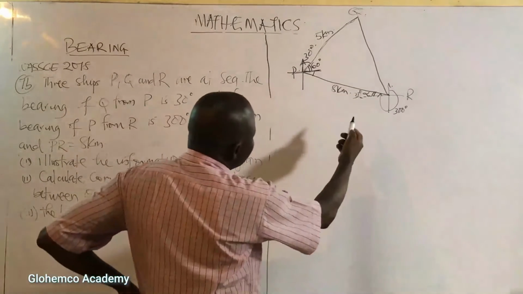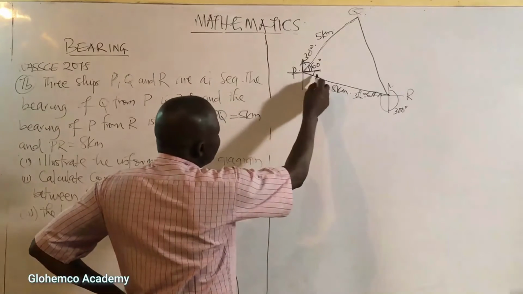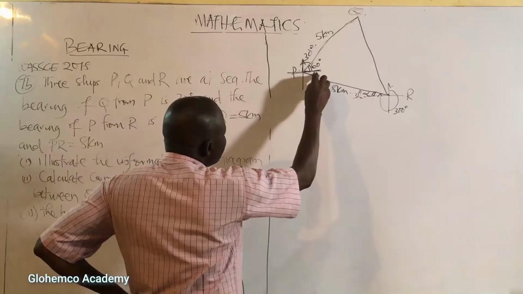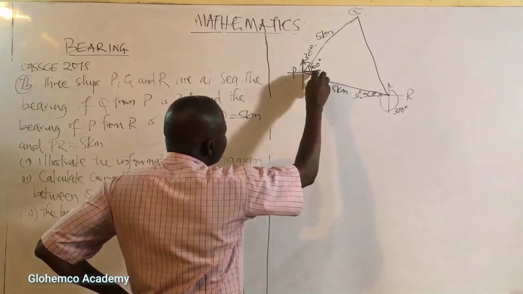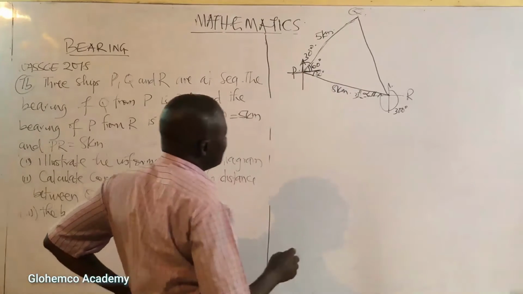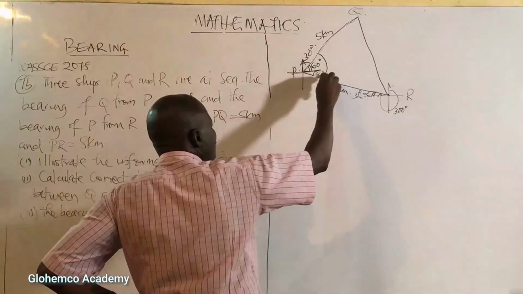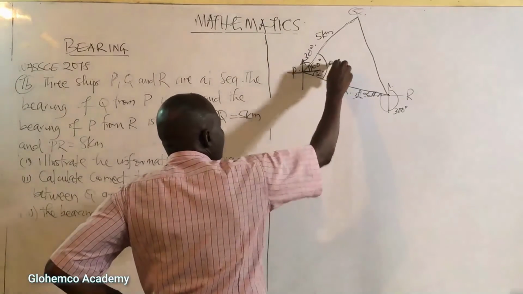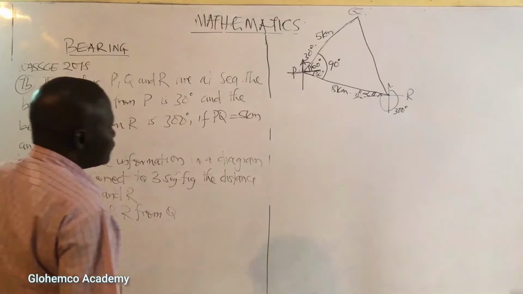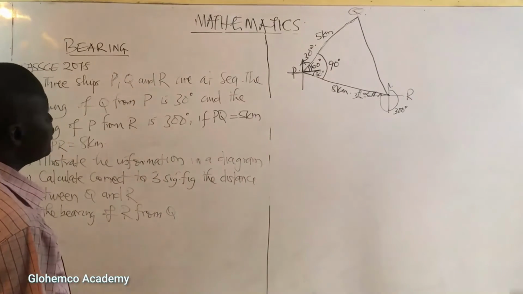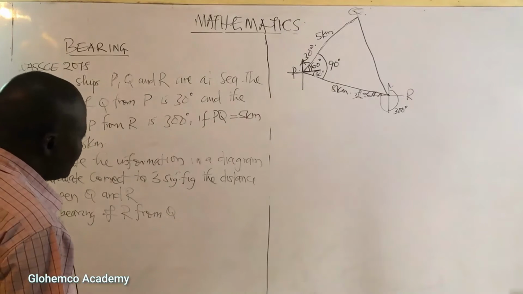Now, if this is 30 degrees, this angle is alternate to this one. Then the whole of this angle is 90 degrees.